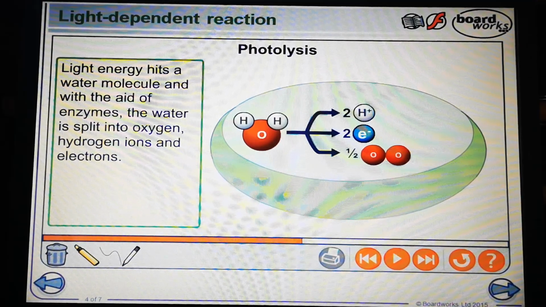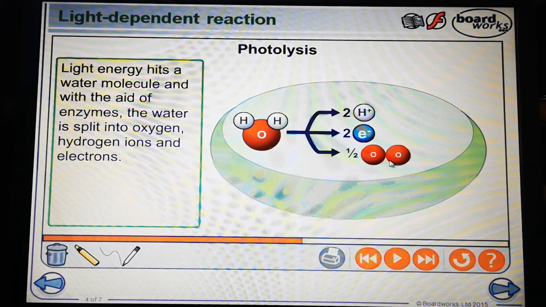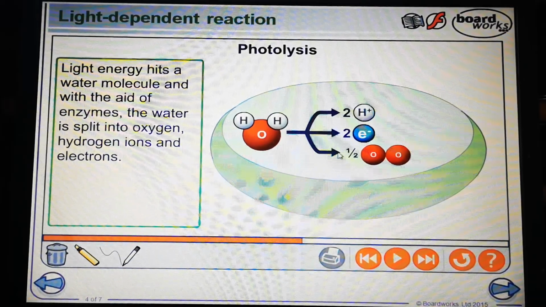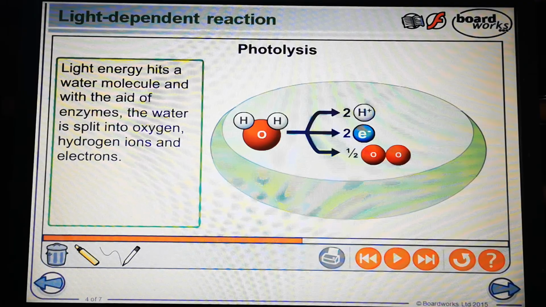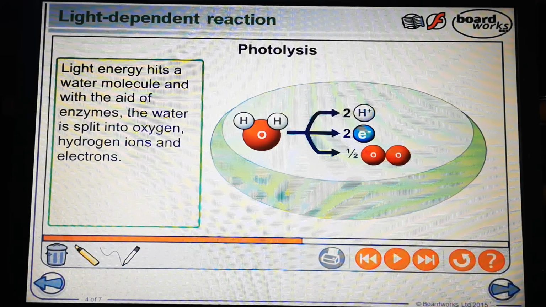So those oxygen atoms will combine with another to make them a lot more stable, and that's why we write it as half O2, because we're trying to show that there's only one oxygen here. So half O2 is 1, which is why we write it like that. It sounds a bit strange, but those people who do chemistry will understand that. So that oxygen which has been created will move out of the chloroplast and then out of the cell and out into the environment.